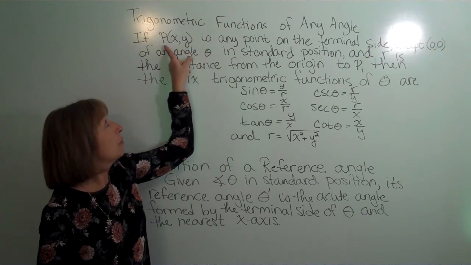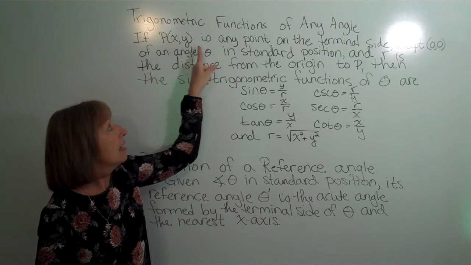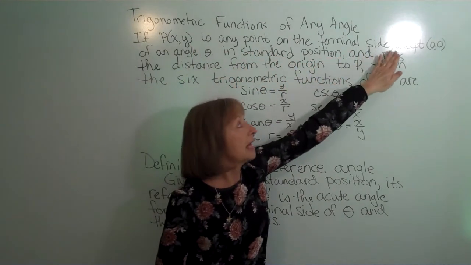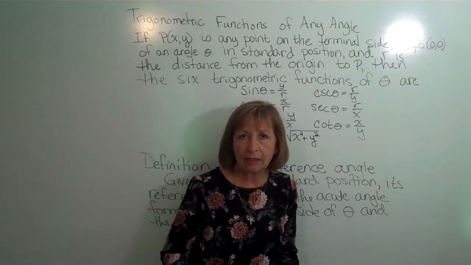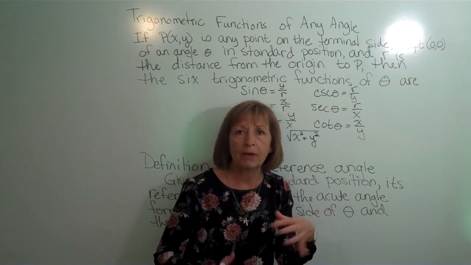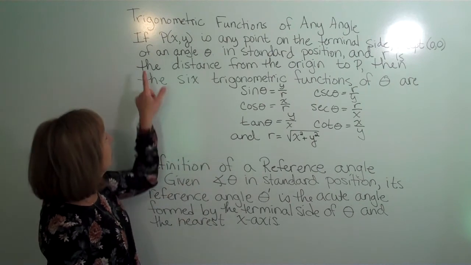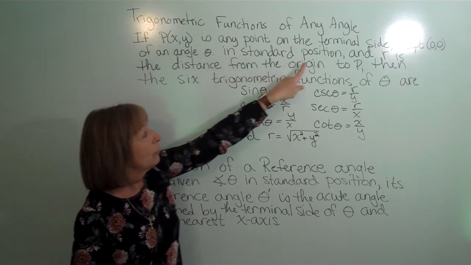This says if the point P with coordinates (x, y) is any point on the terminal side except for (0, 0), so it has to be a point along the terminal side that's not right at the origin, of an angle theta in standard position.